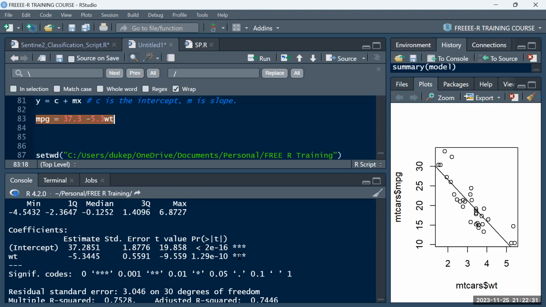So the null hypothesis is the background assumption that the linear model will not fit.